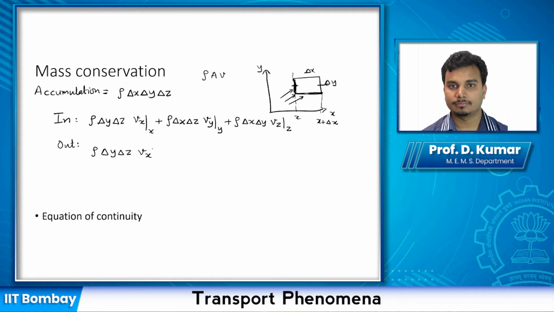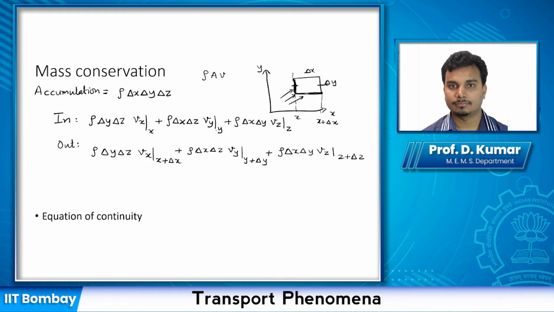So now this will change from x to x plus delta x. Similarly, for the other terms you can write rho delta x delta z Vy at y plus delta y, plus rho delta x delta y Vz, and then this will become z plus delta z.